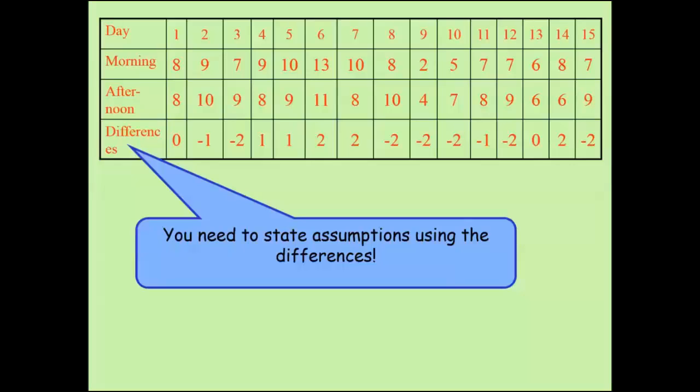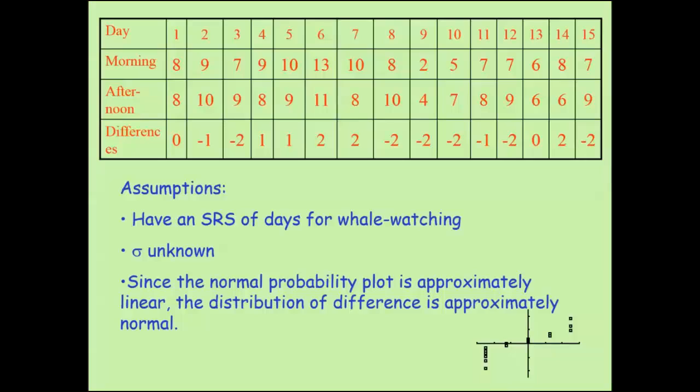Well, it's stated in the problem, the random selection of days for whale watching. We have to state whether sigma is known or unknown, which will determine whether it's a z-test or a t-test. If it was known, that would be a z-test. T-test would be unknown. And then we need to have some sort of graph, and that's up to you as to which method you want to go with.